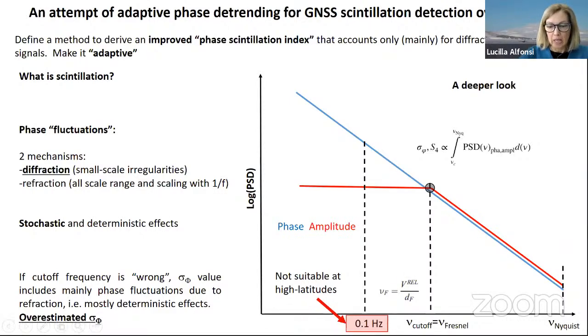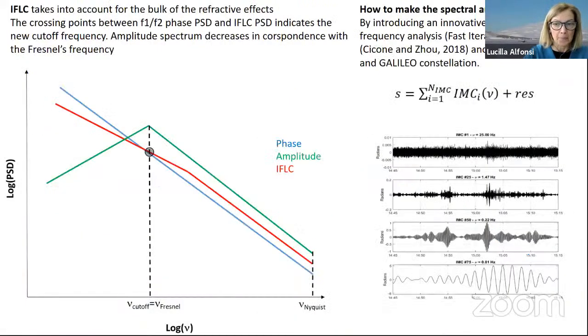So the idea is to find a way to identify the cutoff frequency that is close to the Fresnel frequency, where there is the change of the slope in the amplitude of the signal from the spectral analysis.